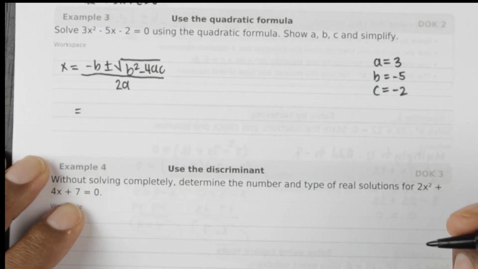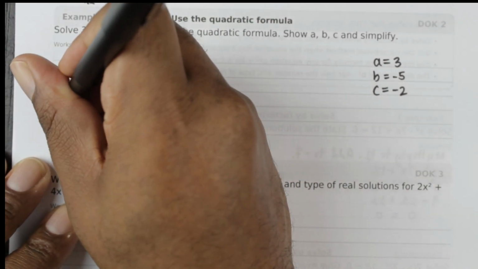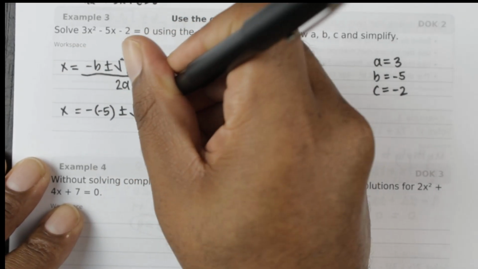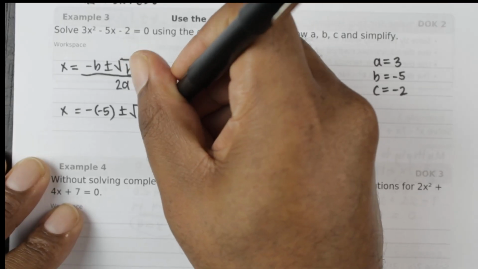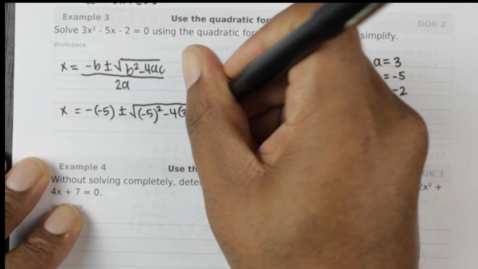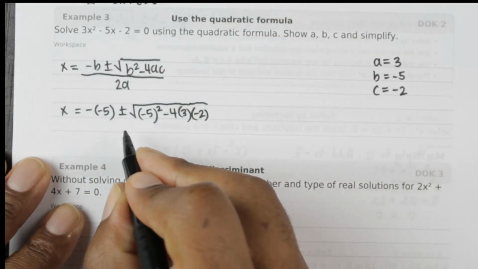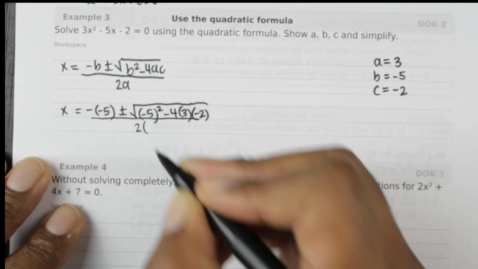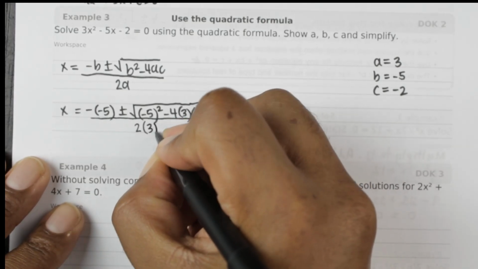So b is negative 5, so it's going to be negative of negative 5, plus or minus the square root of -5 squared minus 4 times a, which is 3, times c, which is -2. Then we're going to divide that by 2 times a.